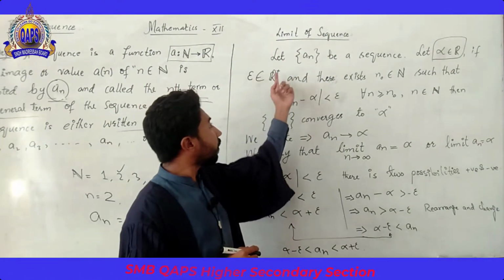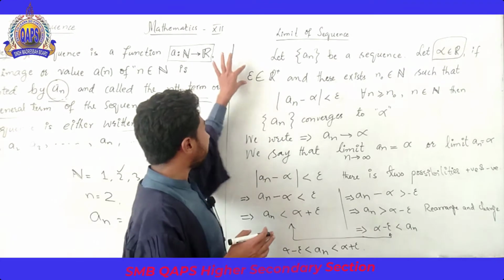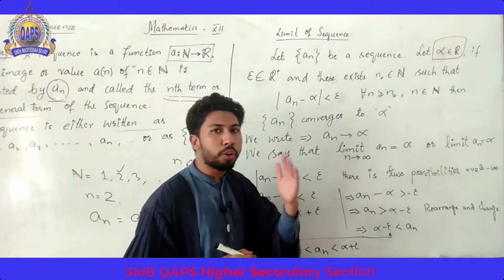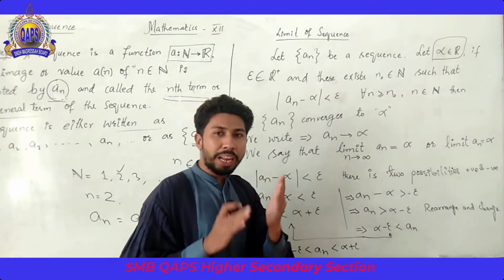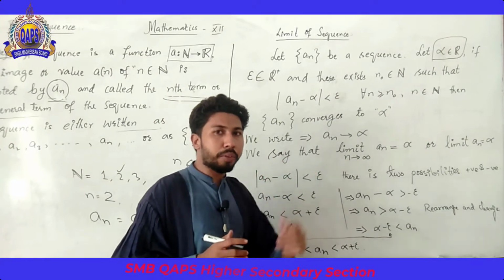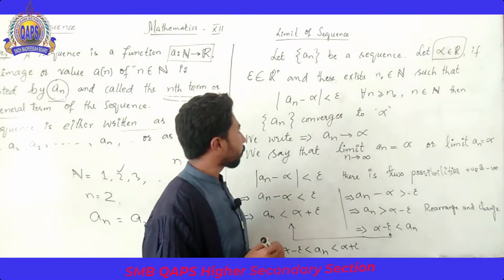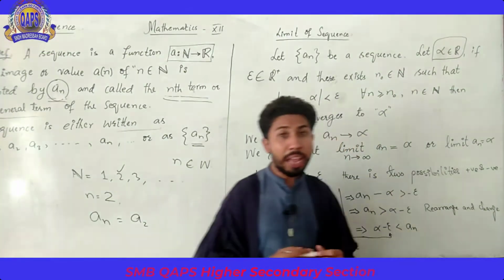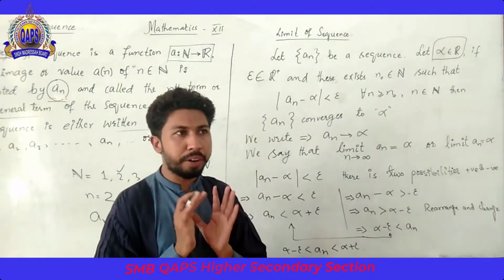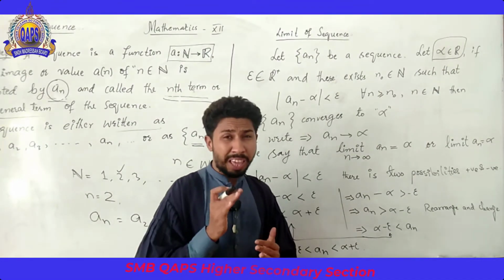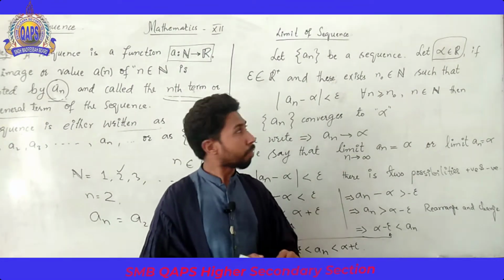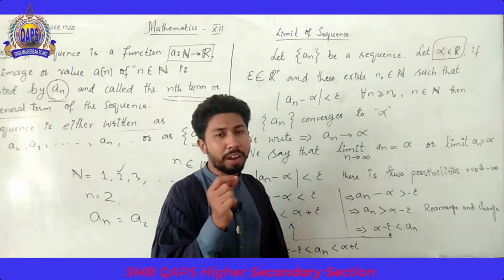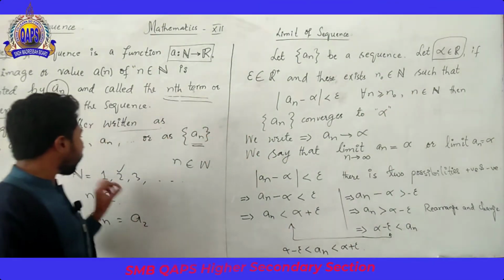Positive real numbers start from 0, but we leave out 0 and start from numbers greater than 0, and there exists n naught belonging to the natural numbers, and n naught must be positive, either 1, 2, 3 and so on, because natural numbers always start from 1.